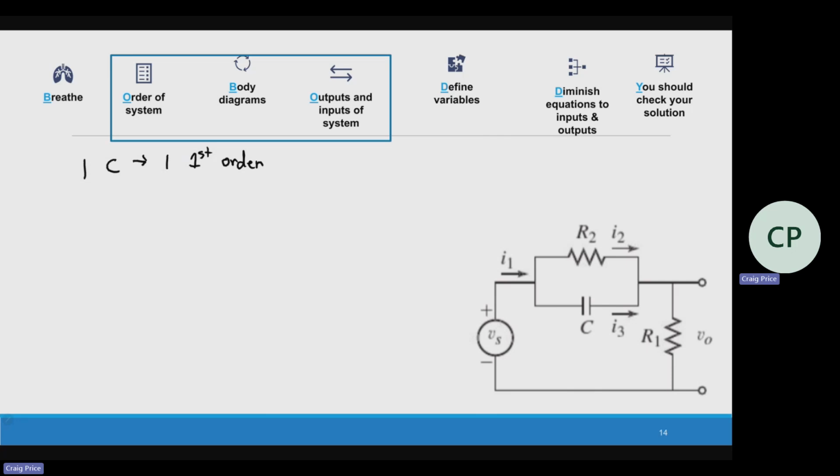Okay, Bode diagrams. So I have this Bode diagram here. If I change this capacitor to a resistor or impedance, is there a way that we can simplify this?